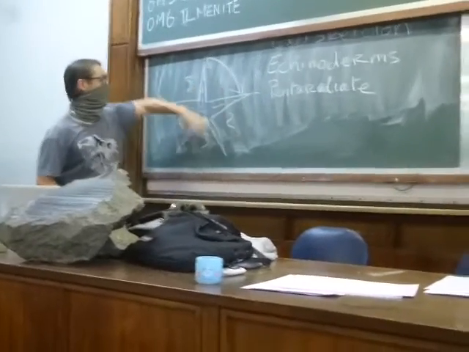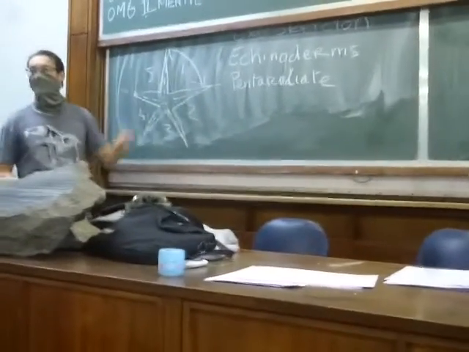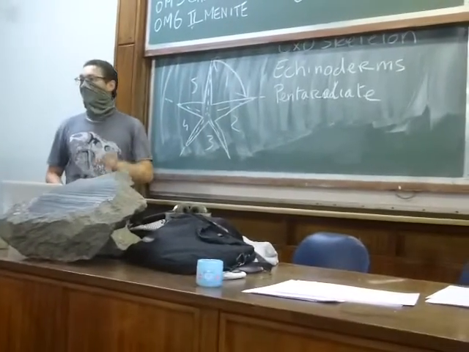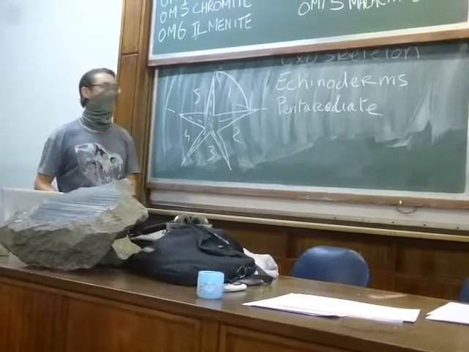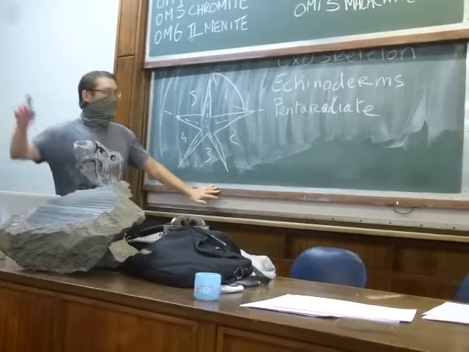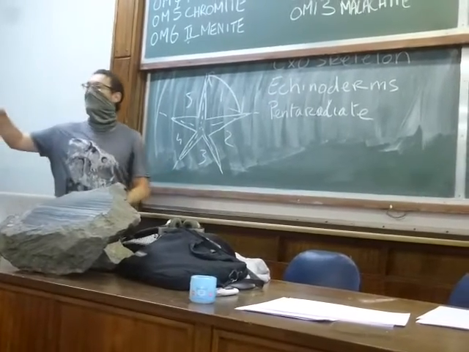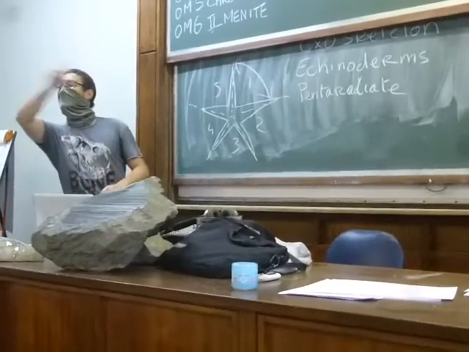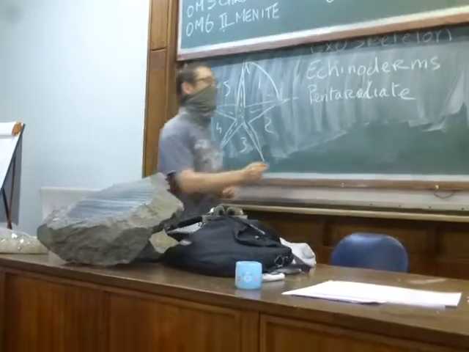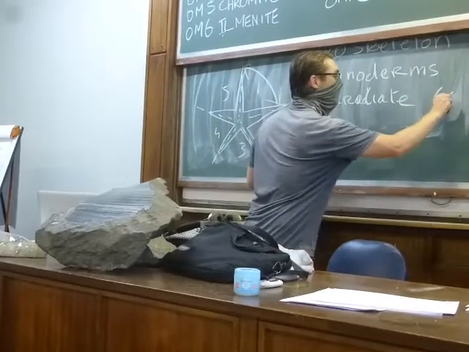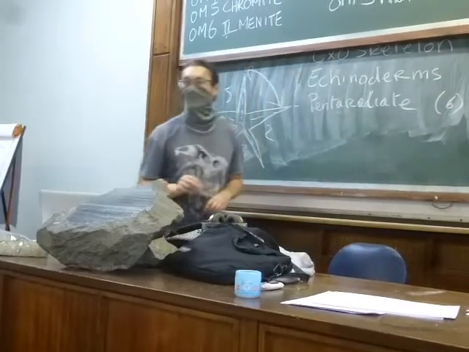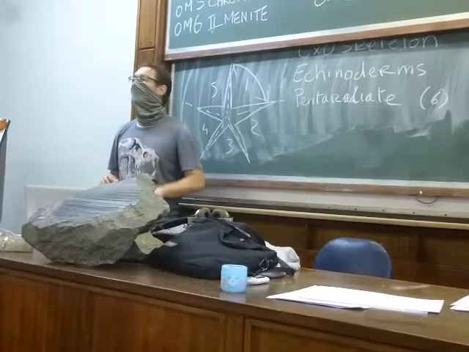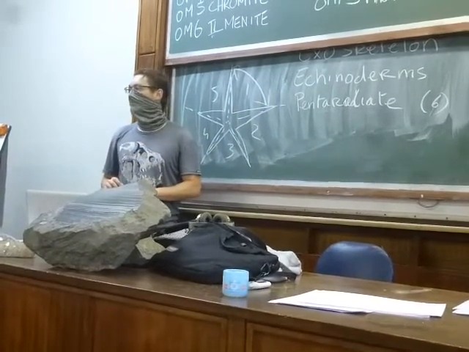So 5 times around, because it's 5 times the repetition of the same segment of the body. So the echinoderms are located, what row is that? 1, 2, 3, 4, it's row number 6. So if you want to know better what's happening there, it's row number 6. You will see that all echinoderms have that pentaradiate body plan.